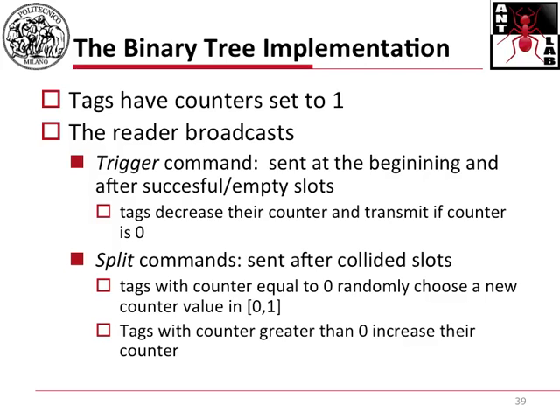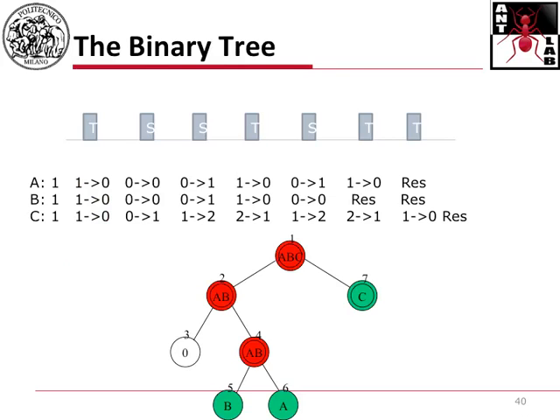Whereas the tags with a counter greater than 0, so the tags which did not transmit in the previous slot, which was collided, need to refrain, so they increase their counter by 1, which means that there is a collision which needs to be resolved beforehand, before these new tags can actually transmit. Example. Suppose we have this situation where I have 3 tags which I have to resolve using binary tree.